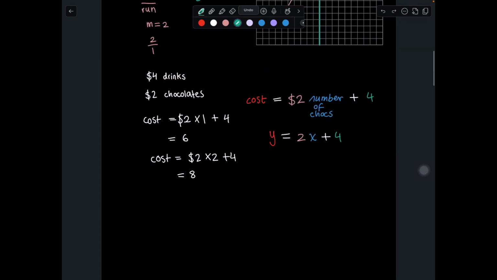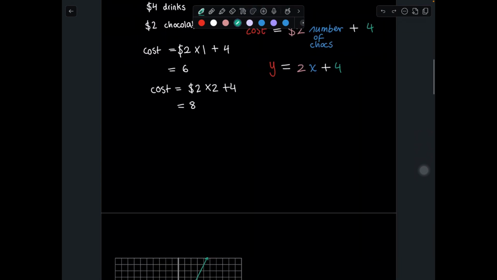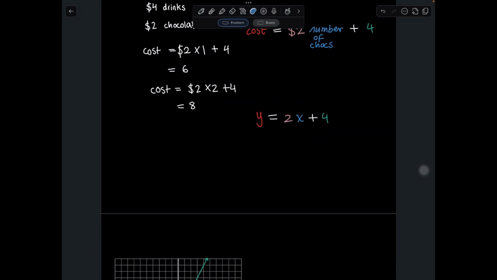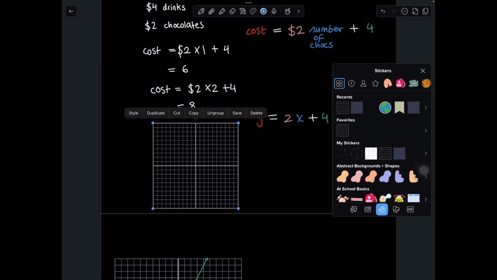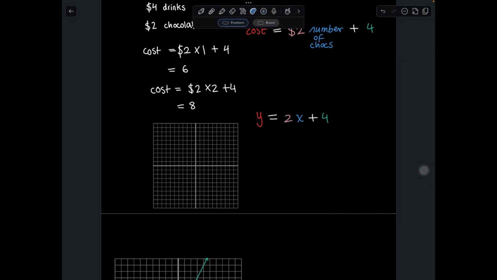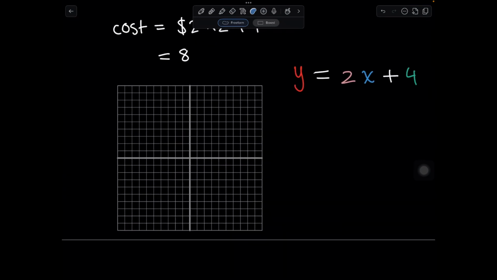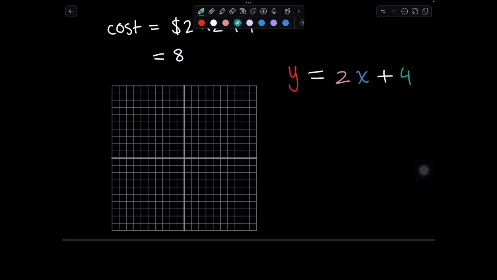And I'll show you how to sketch this graph now. So 2x plus 4, let's move it down here. So first we look at our y-intercept. It says 4. So we'll go 1, 2, 3, 4. Our graph goes through that point.